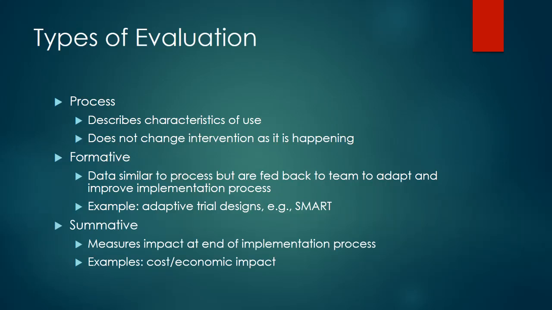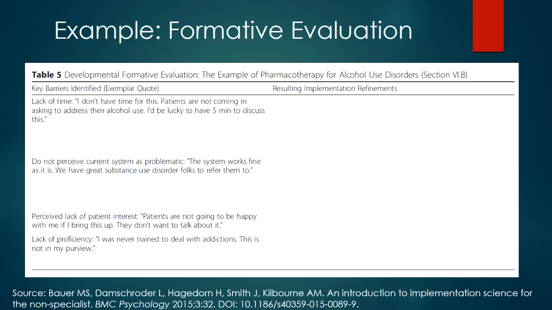And then we have summative evaluations that happen at the end of the implementation process, and this is designed to evaluate the overall impact of the program, often in terms of cost or economic impact. So here's an example of a formative evaluation. This was of an implementation study designed to introduce brief alcohol screening in primary care.